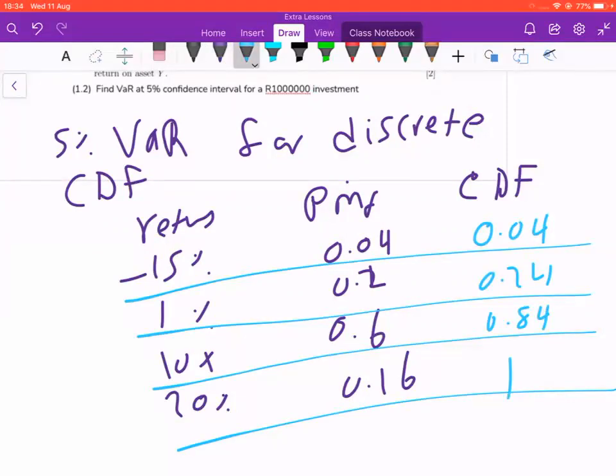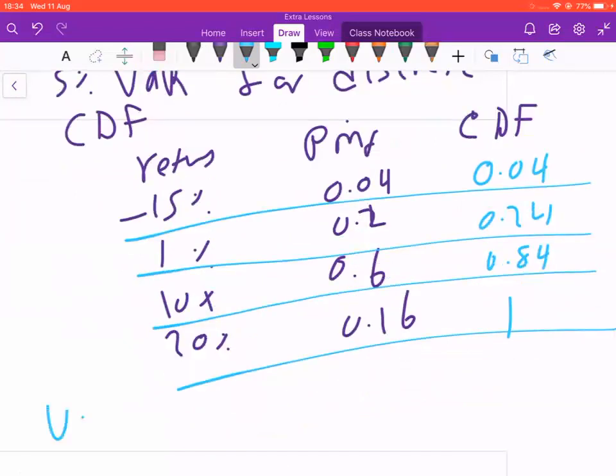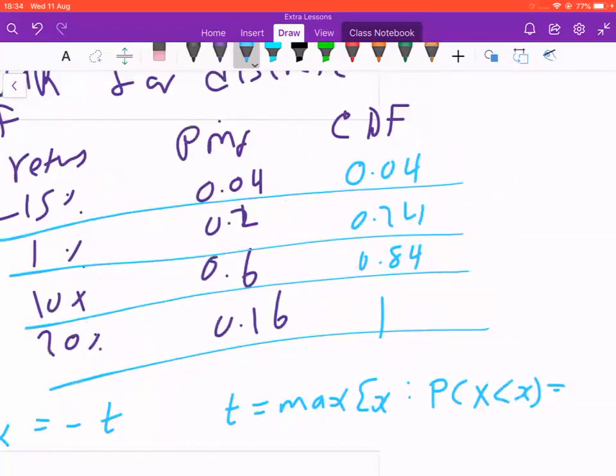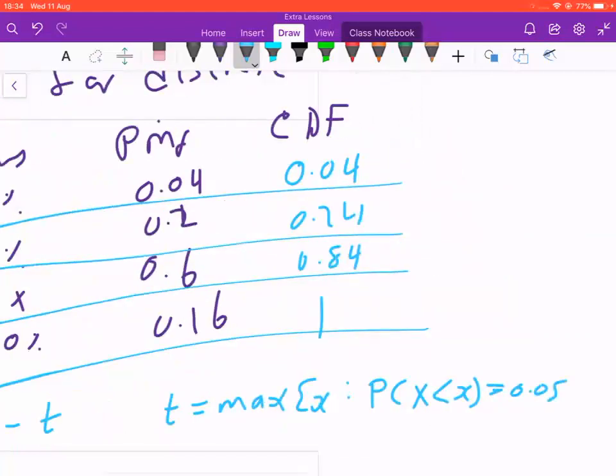So they want you to find a 5% VAR, right? Remember that we know VAR is the negative of t, where t is the maximum value of x such that the probability of X less than or equal to x is less than or equal to 0.05.